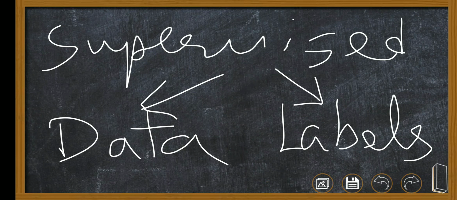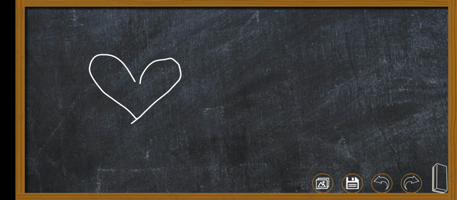So, for example, let's say this is a heart. It's not a heart, but it's a heart emoji. I'm not good at this drawing stuff on the blackboard. So, let's just say this is a heart emoji.